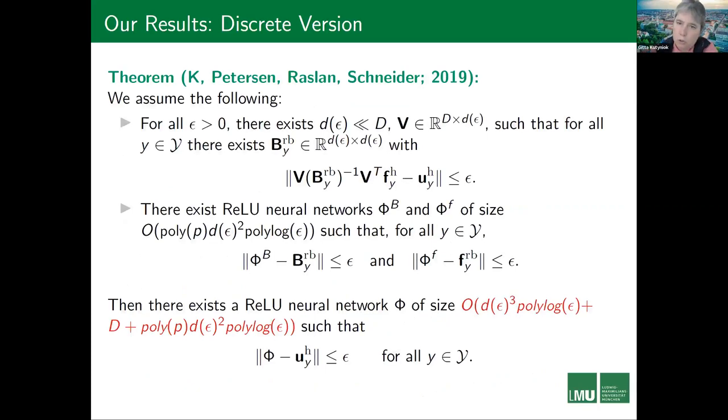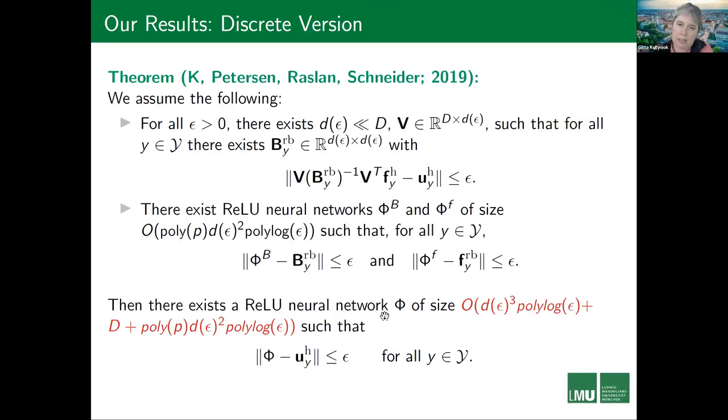And so what one can then show is the following. Let's first just take a look here. One can show there exists indeed a ReLU neural network of this size, and what you observe immediately is that the d, the high fidelity dimension, appears just linearly, and the tiny dimension cubically, and the p also polynomially, so you don't have any exponential dependence.